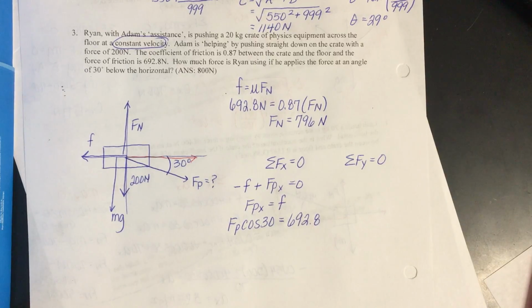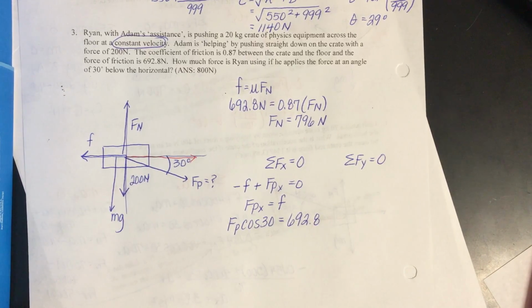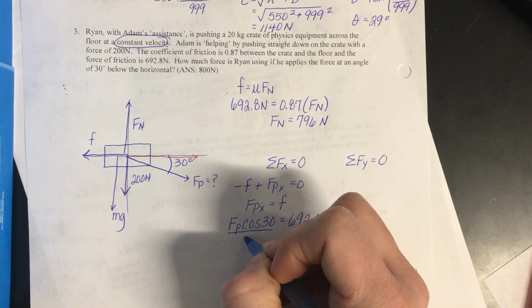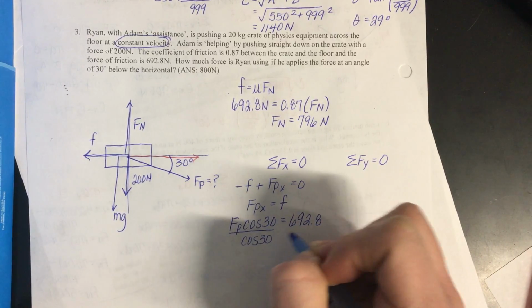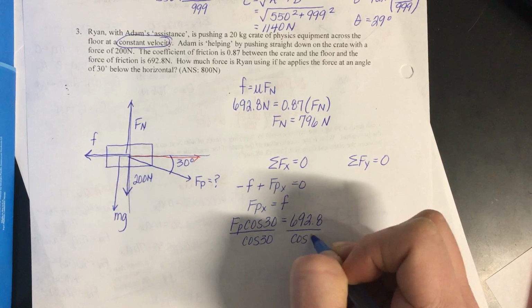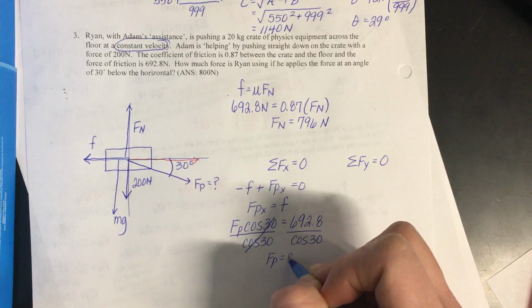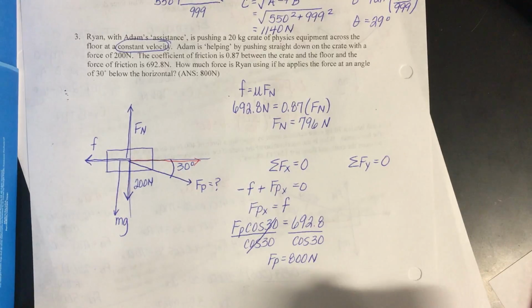So you should be able to just solve for the force of the push by dividing both sides by cosine of 30. And when you do that, you do get 800 newtons.